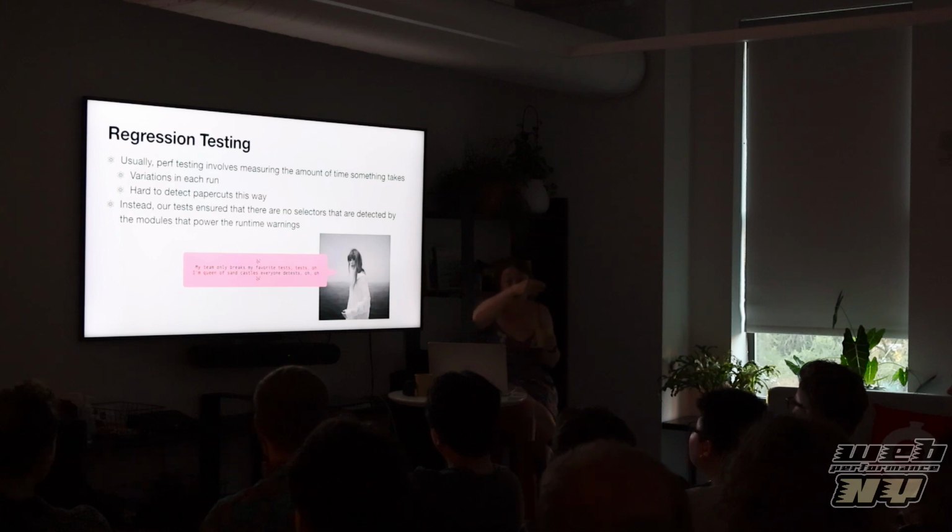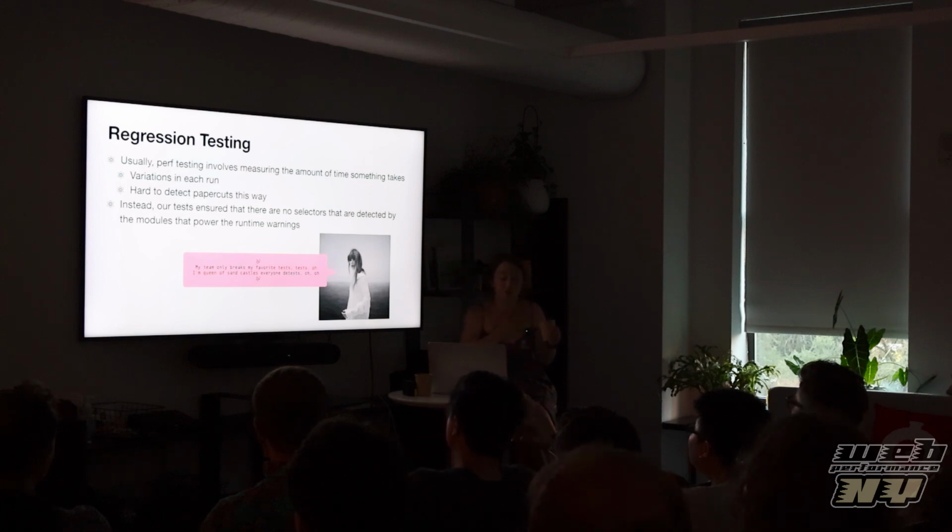So fail, not this took 300 milliseconds and now it takes 305 milliseconds. Maybe that's a fail, or is that just normal variation? I don't know. And especially because we knew that our problems were paper cuts and not catastrophes, this type of testing, the canonical performance regression testing, just wasn't going to help us stop the types of performance problems that we were seeing compounding.